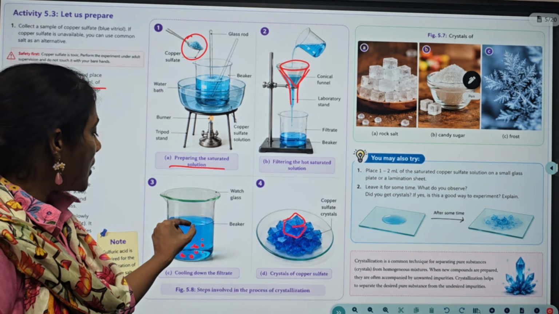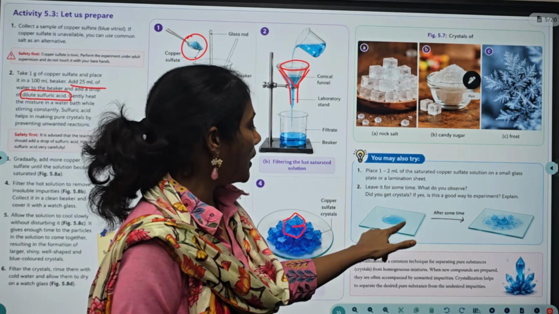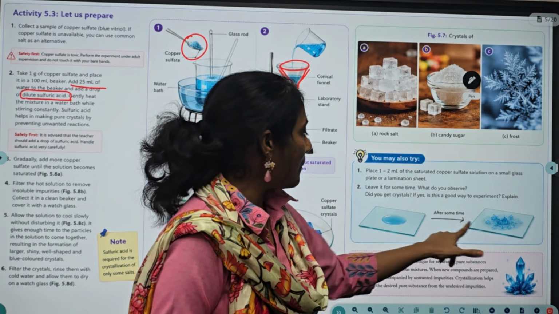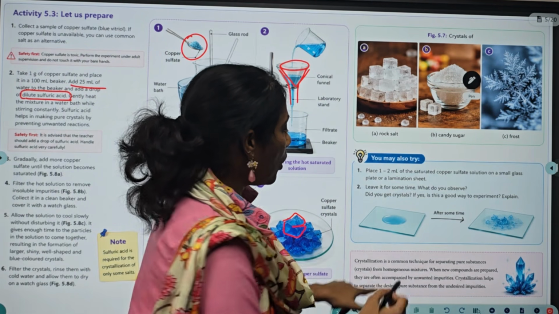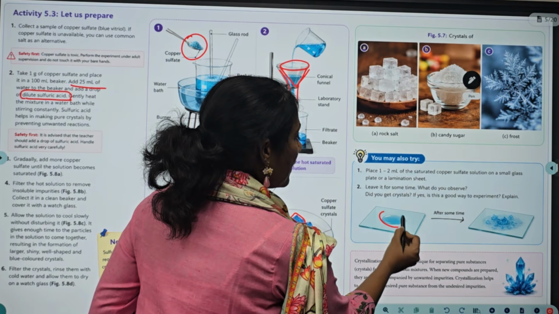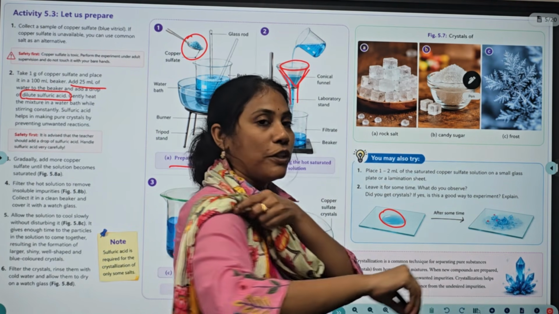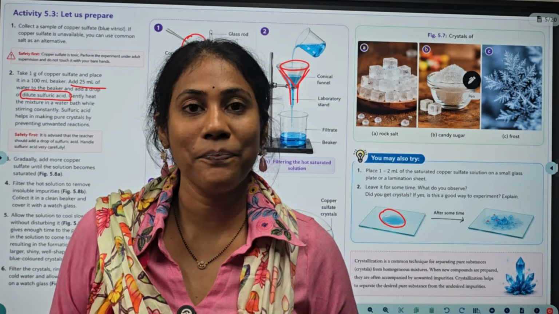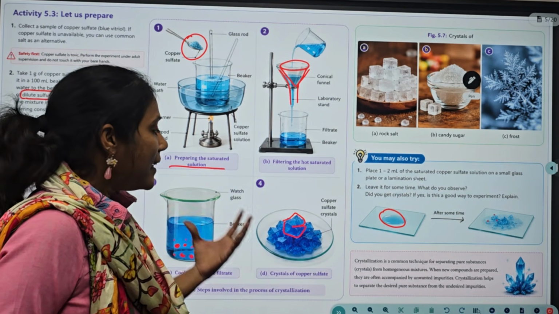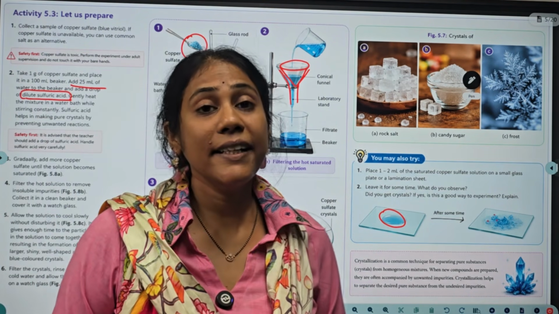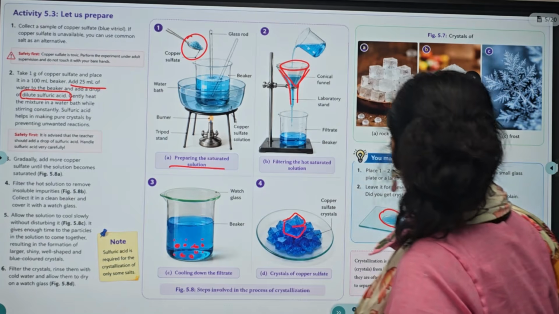Instead, just put a drop from this beaker on a slide. After some time, whatever copper sulfate is in this single drop will get converted into very beautiful blue color crystals. So where is crystallization useful? It is useful to remove impurities.